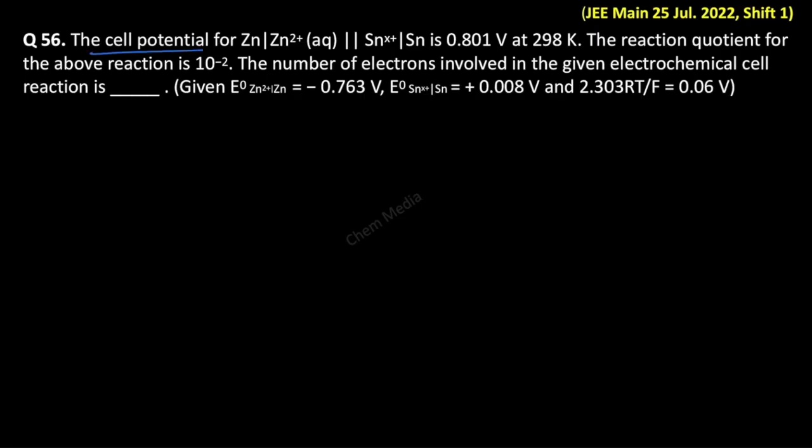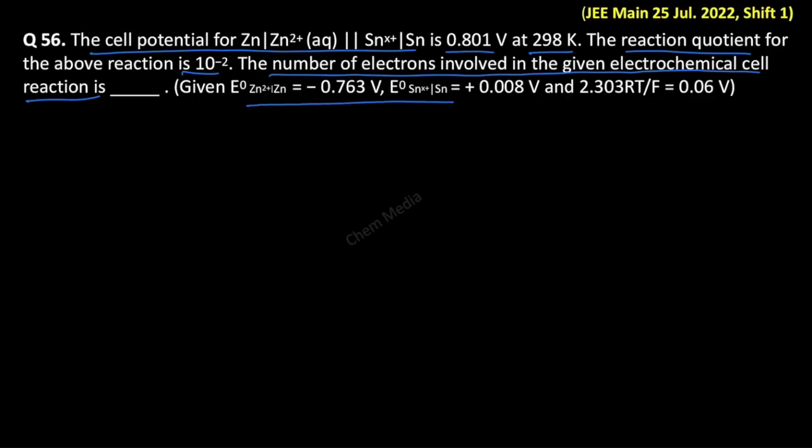The cell potential for the following electrochemical cell is given as 0.801 volt at 298 Kelvin. The reaction quotient for the above reaction is given as 10 to the power minus 2. In that case, what is the number of electrons involved in the given electrochemical cell reaction? Standard reduction potential values are given.